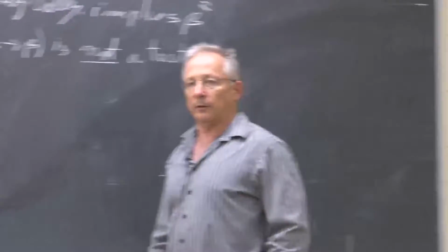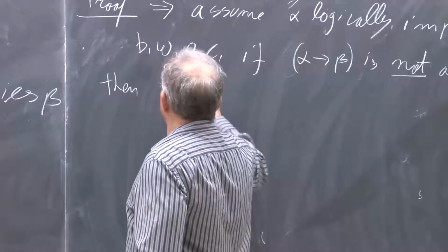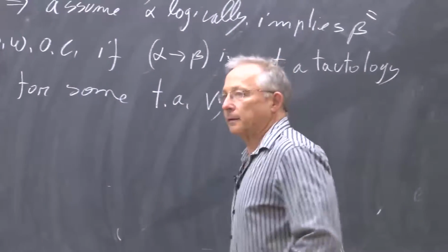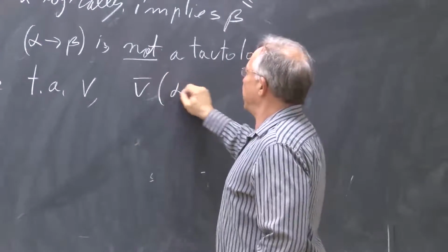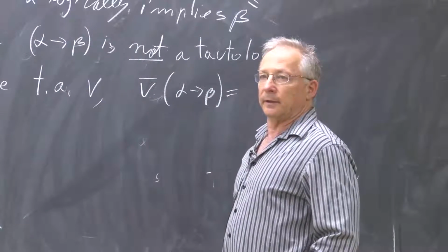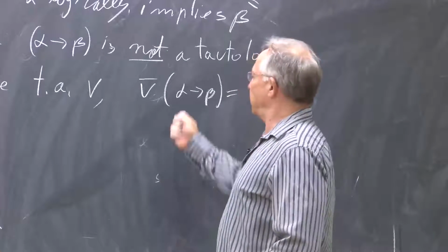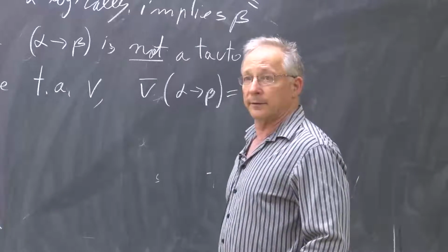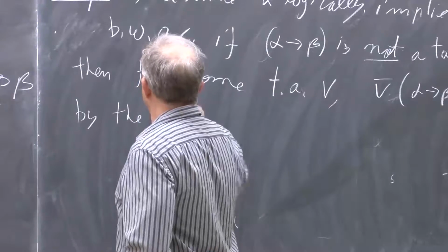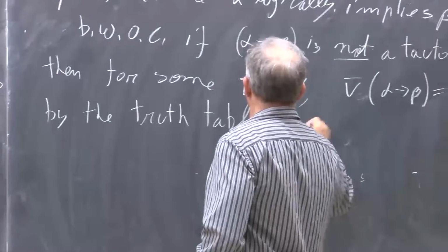So assume it's not a tautology, then what does it mean? For some truth assignment V, V hat of alpha arrow beta is false. But now we can go to the truth table of arrow.